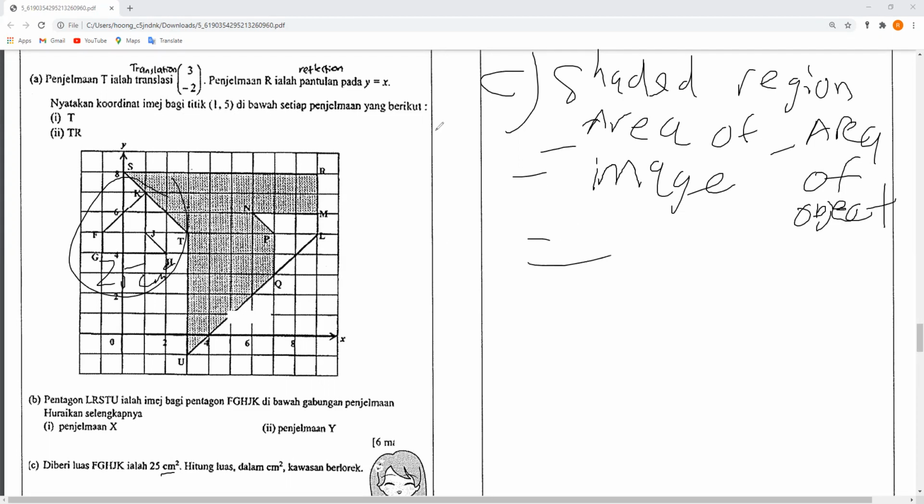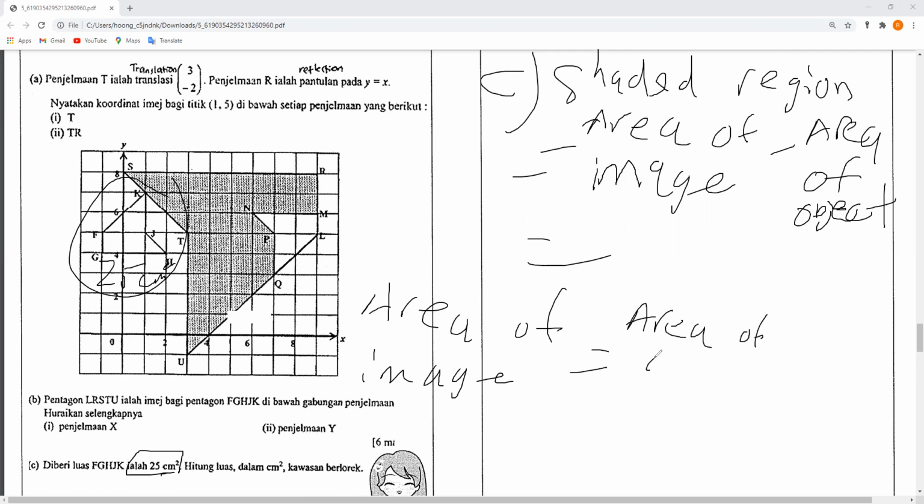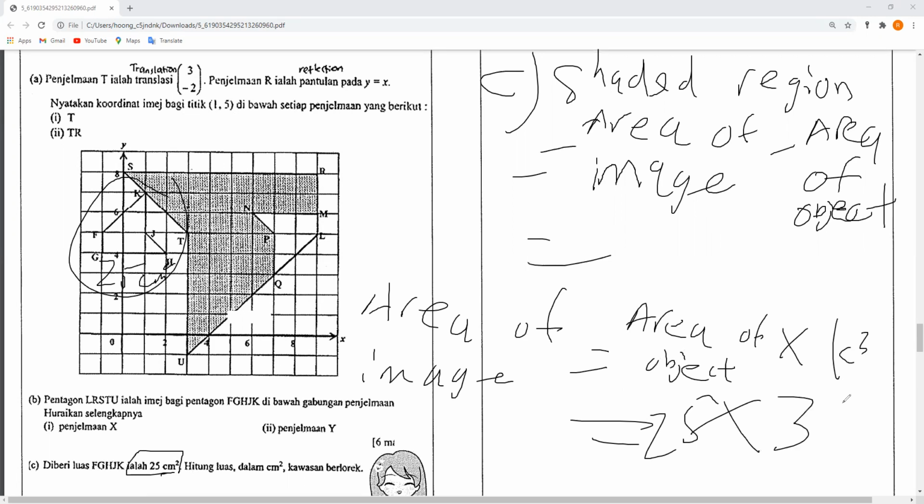The area of image is area of object times k squared. The area of object is 25, so you times k squared. What is k squared? 3 squared. Use a calculator, and you get the answer 225.